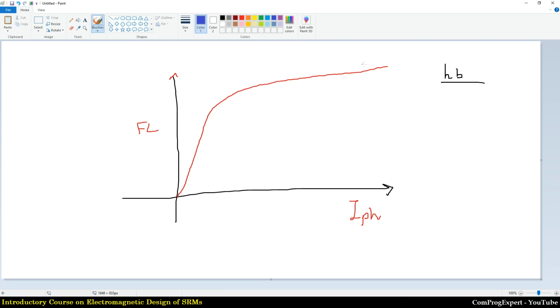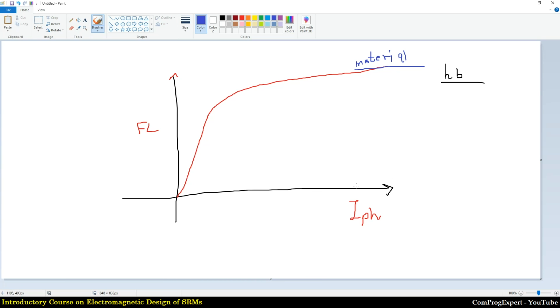So this curve depends on the material properties, the HB curve of the electric steel that we use for manufacturing of the rotor core and the stator core. So if we want to modify this aligned flux linkage curve, yes, we can modify it by the design, but it depends more on the HB curve of electric steel, not the motor geometry.